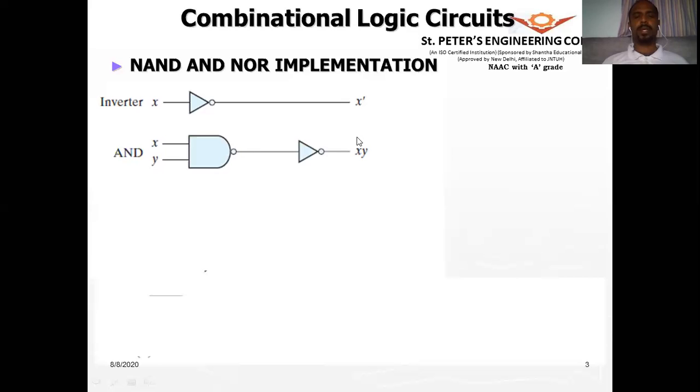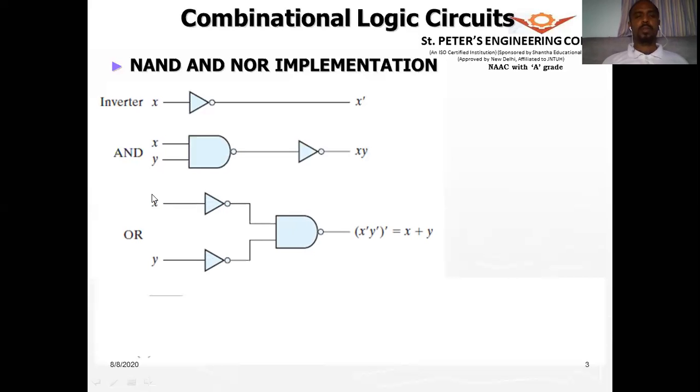Therefore, we get back X, Y without the complement. So we have implemented an AND operation using the NAND gate. Next, let us look into how we can perform the OR operation.